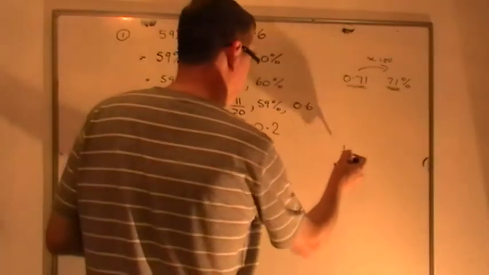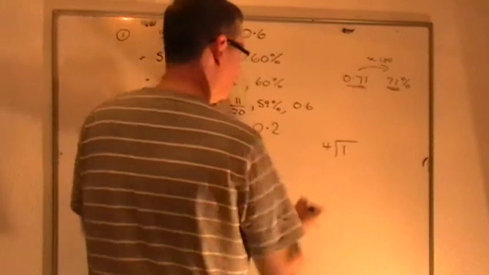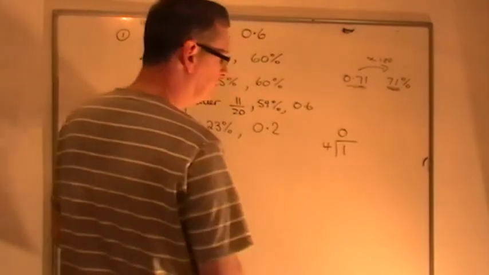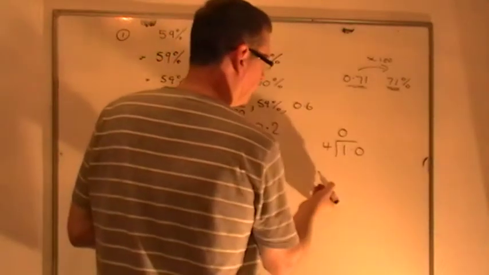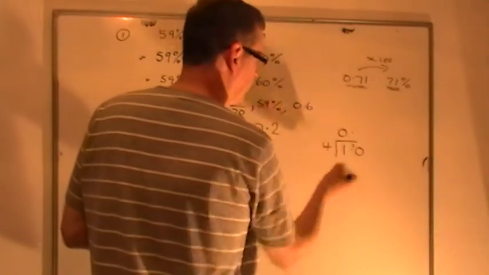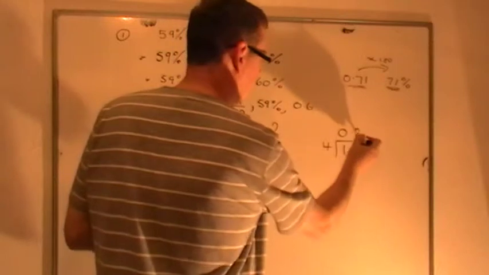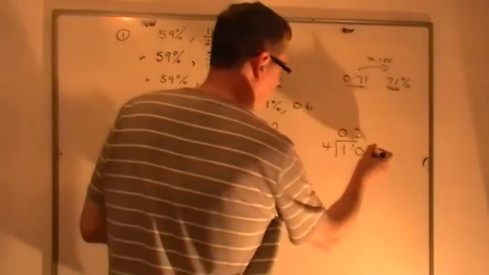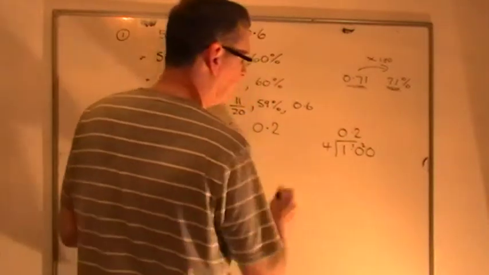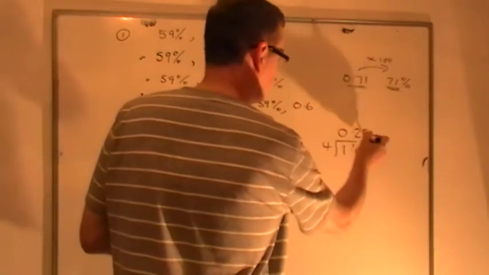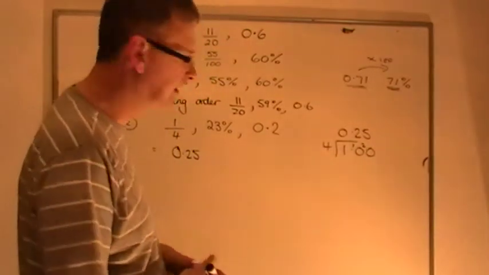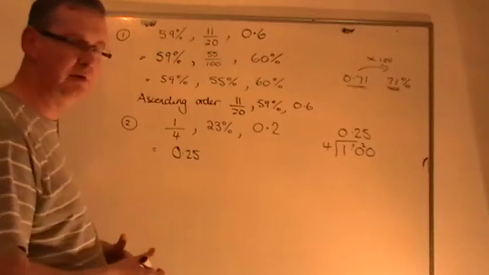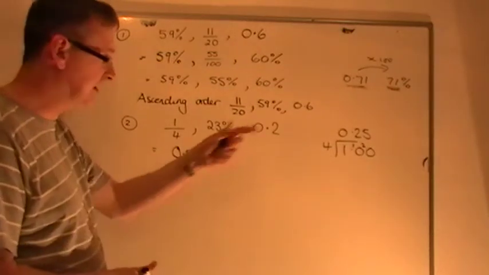Well, you could take 1 and share it by 4 as a side sum. 4 into 1 doesn't go, put a point and a naught on, carry the 1 on. 4 into 10 goes twice, 2 4s are 8, 2 to carry on, add another naught. 4 into 20 goes exactly 5 times with nothing left over. So there you go, 0.25. So 1 share by 4 is 0.25, by calculator or side sum.